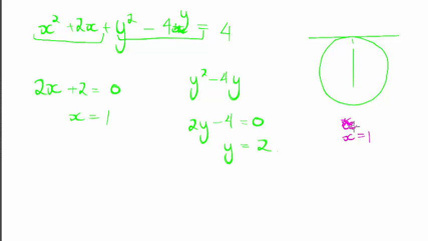Okay, and it has a vertical turning point because when I take the derivative with respect to y and make it equal to 0, so I just looked at this part, then I got where it will have a vertical turning point. You see that? So this will have a vertical turning point at y equal to 2.